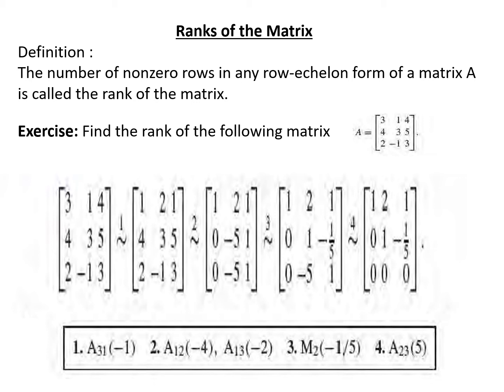Here is one of the important concepts in echelon form, called the rank of the matrix. What is the definition of rank? The number of non-zero rows in any row echelon form of a matrix is called the rank of the matrix.